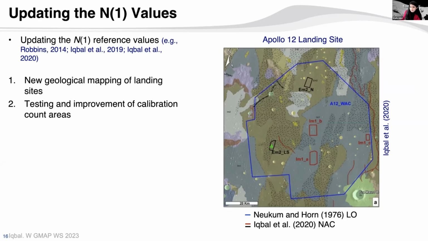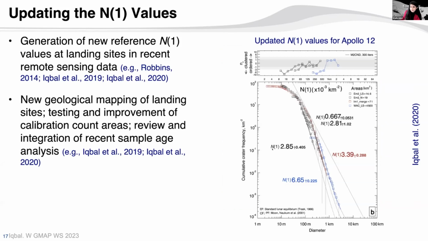And we see that we have to take this area on a Copernican ray material here because the landing site is present in this region. When we test our N value, which roughly describes the crater spatial density of certain units, we see that this black area at the landing site gives us two N values.